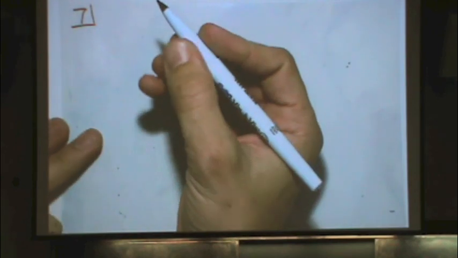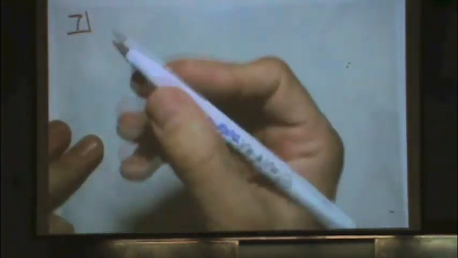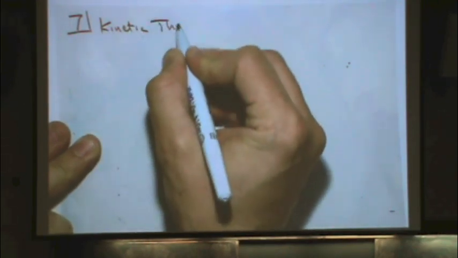And as I mentioned last time, we're doing this chapter out of order. So after finishing section 1, we're going straight to section 7. We're going to come back to 2 through 6 a little later. Kinetic theory of gases.